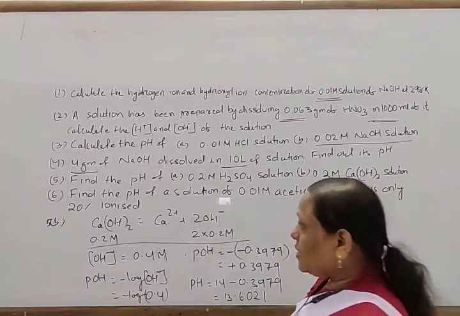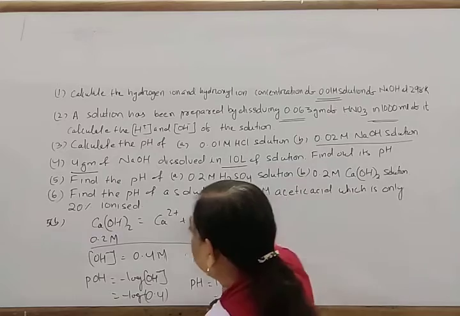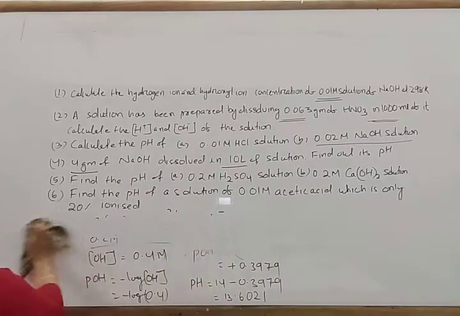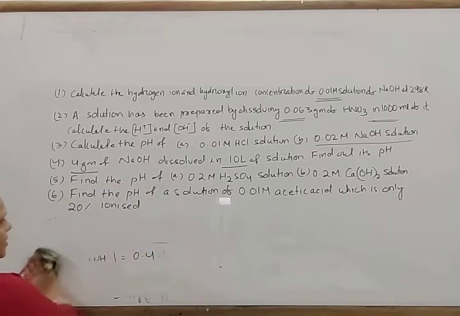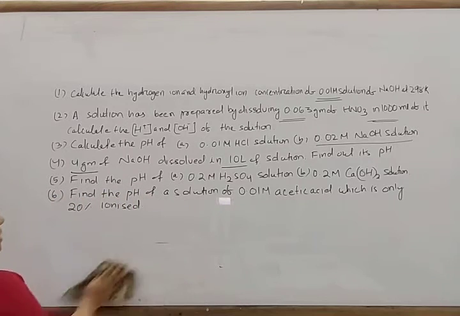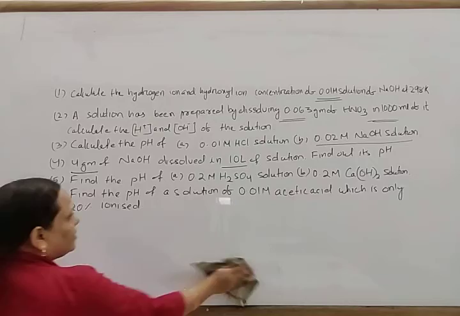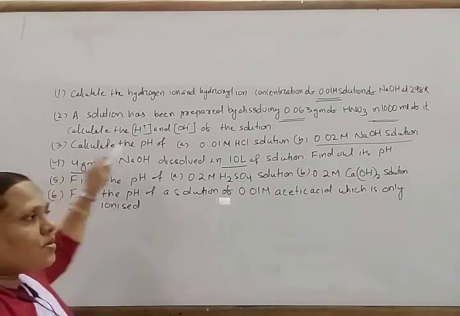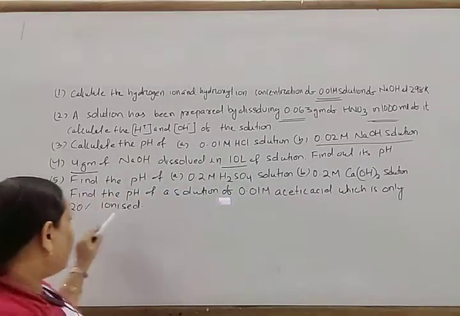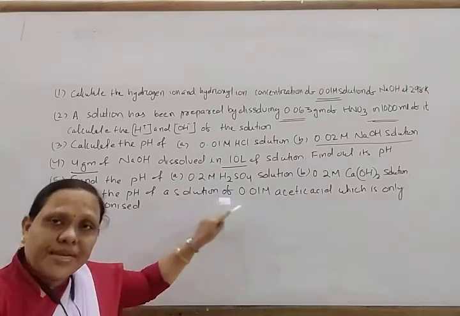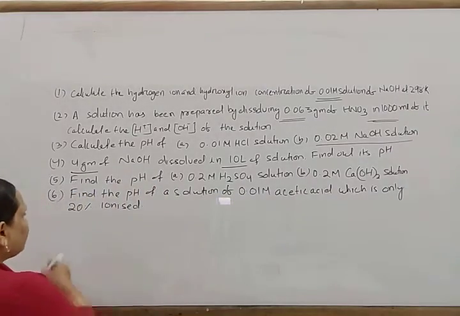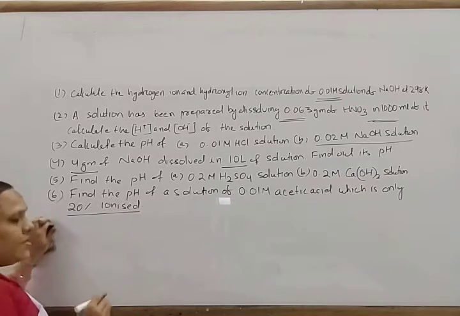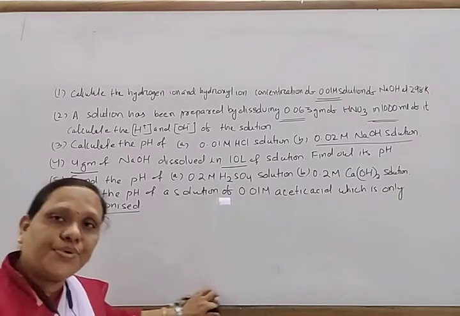Next come to another question. Find the pH of the solution of 0.01 M acetic acid, which is only 20% ionized. Up to now these were completely ionized, but here this is a weak acid and it undergoes partial ionization, only 20% ionized. So if you have taken 100 molecules, only 20 are ionized.